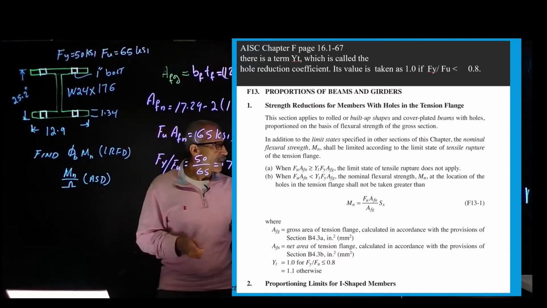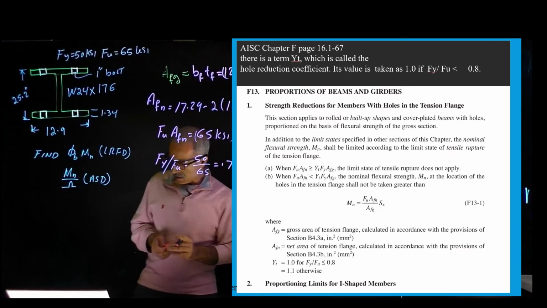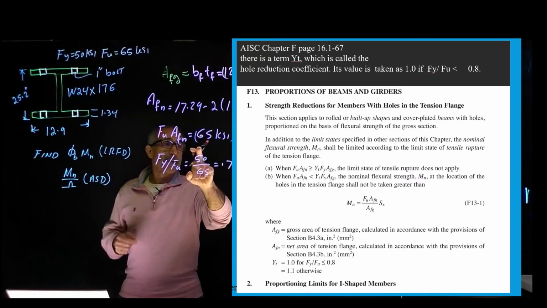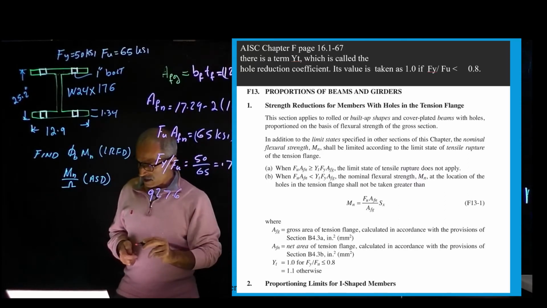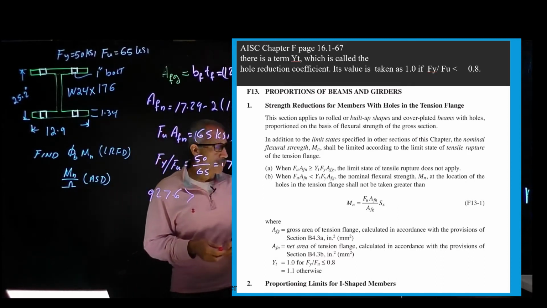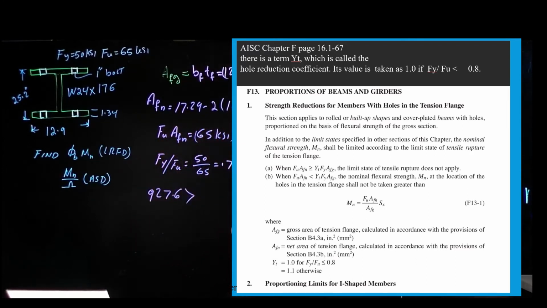Then we're going to satisfy the other requirement in the same section F13. We want to find out if our FU times AFN, which came out to 927.6, is bigger than YT times FY times AFG.